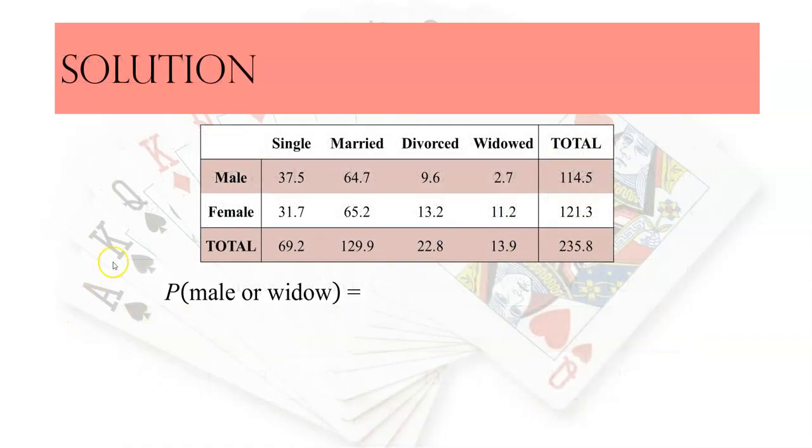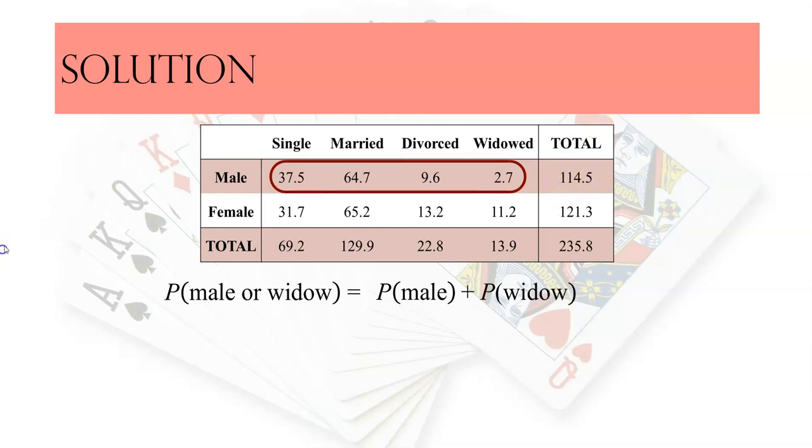So for the males, all of these people here represent the males. The total for that is 114.5. Plus the widows, the male and the females here represent the widows. There's 2.7 widowed males and 11.2 widowed females.